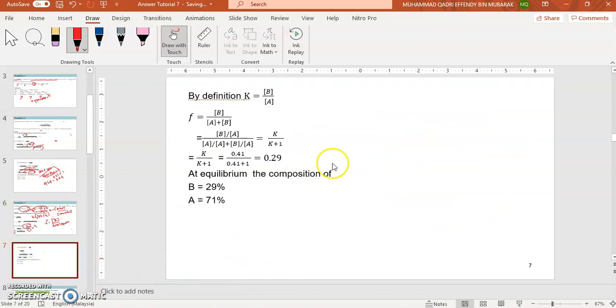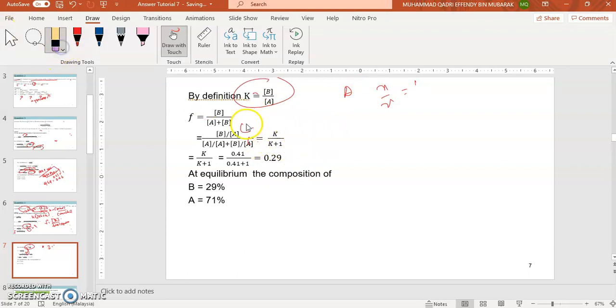Then what we need to do next is substitute, because we know that B over A equals K, so we can substitute K here and here, and we know that A over A equals 1. Here is the relationship that we should know, so that's why we have K over K plus 1.